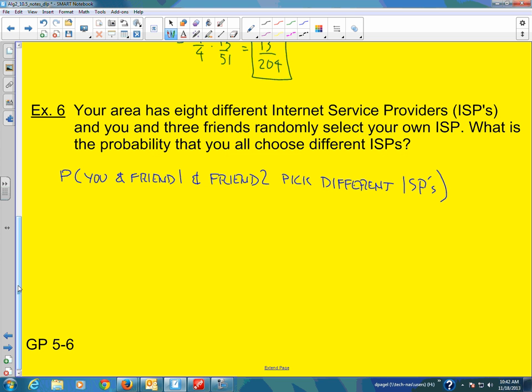In this case, though, we're looking at the fact that my favorable outcomes will be affected, because if I want everyone to have a different service provider, then that number that represents the number of possible internet service providers for myself, for my friend, and my other friend would have to change. It can't stay the same. So in this case, I've got myself. Let's talk about the fact that I have 8 choices.